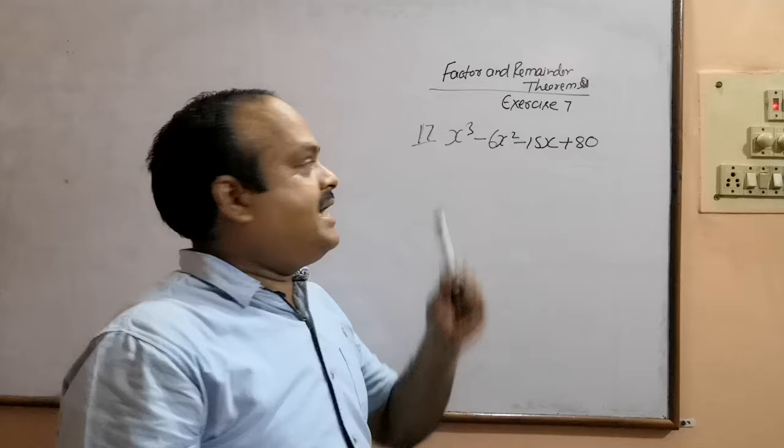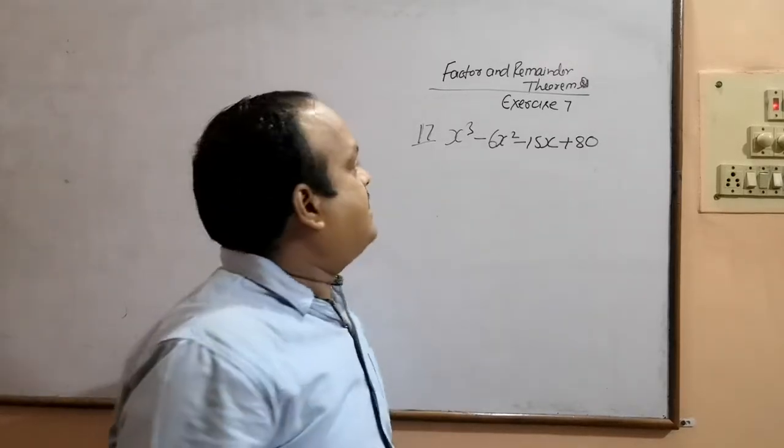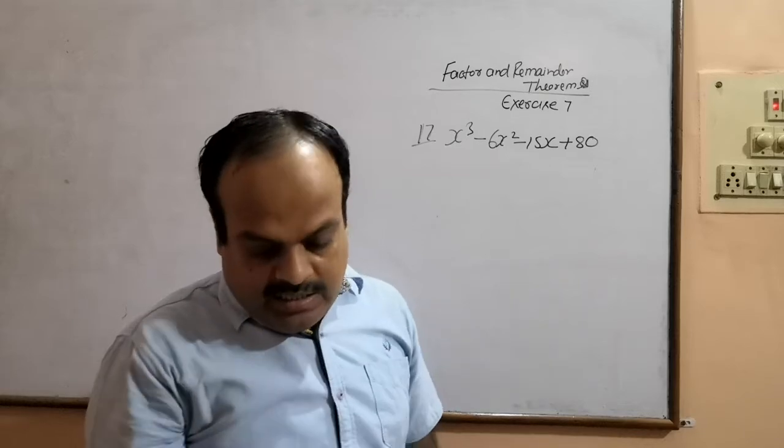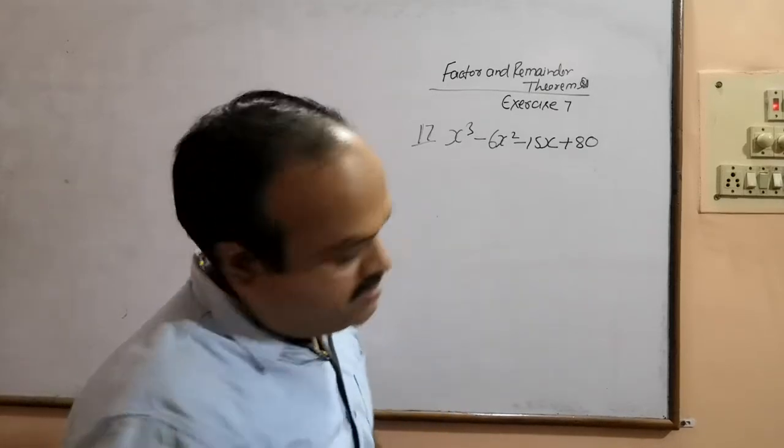What must be subtracted from this x cube minus 6x square minus 15x plus 80 so that the result is exactly divisible by x plus 4.